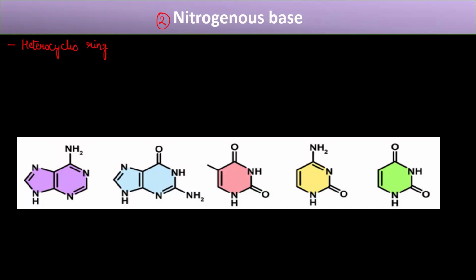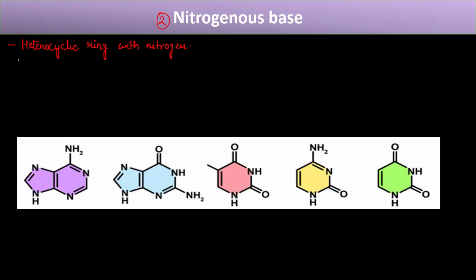Homocyclic means only one type of atom. If it is made up of carbon, then the whole ring will consist of carbon. Heterocyclic means it has more than one type of element present in that ring. So it is a heterocyclic ring with nitrogen, which means this ring has both nitrogen and carbon. And hence it is also known as nitrogenous base.